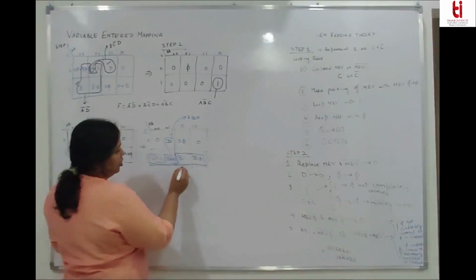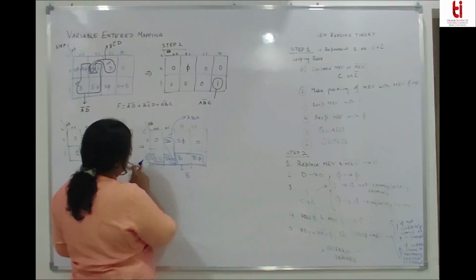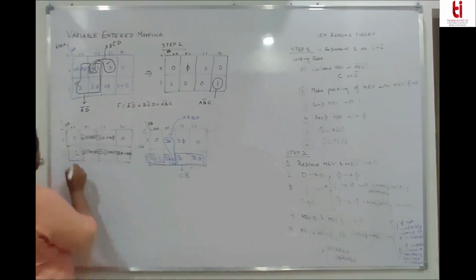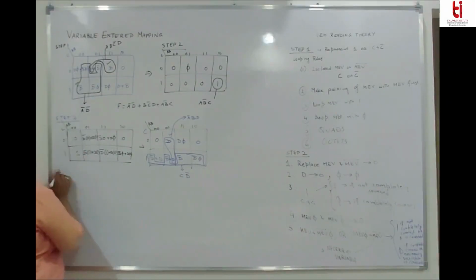A quad. So what do you get? D bar. And what is this? C. C D bar. So this is from step 1. What is step 2?